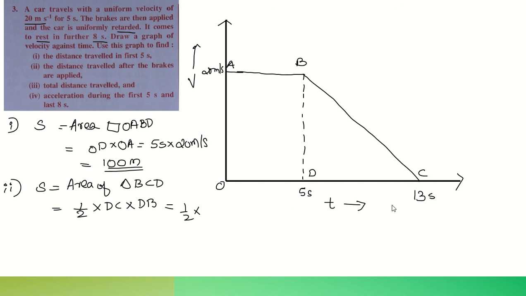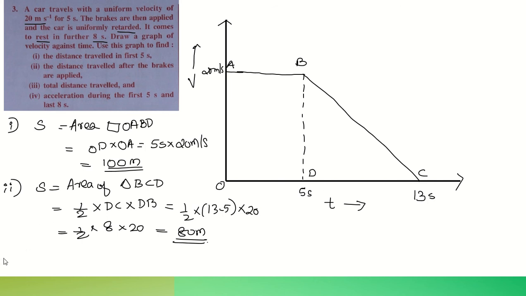DC is 13 minus 5. So half into 13 minus 5, which is 8, into 20. So 8 into 10, that is going to be 80 meters. Okay, so that's about the distance traveled.